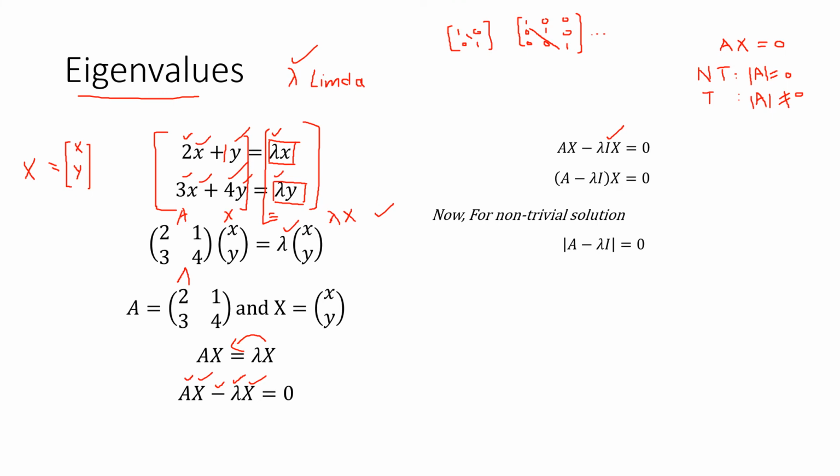So you can say now this is matrix A and this is matrix X. When the determinant of A was equal to 0, we got a non-trivial solution. If this whole matrix determinant is 0, there will be a non-trivial solution. So you can compare this situation.